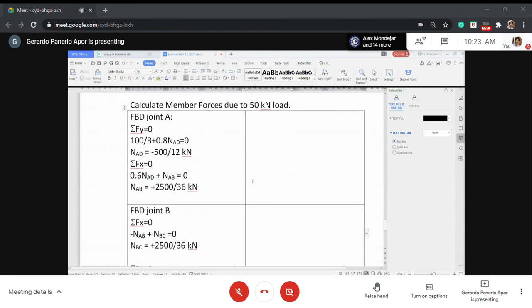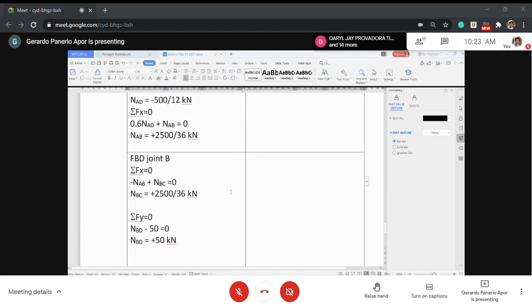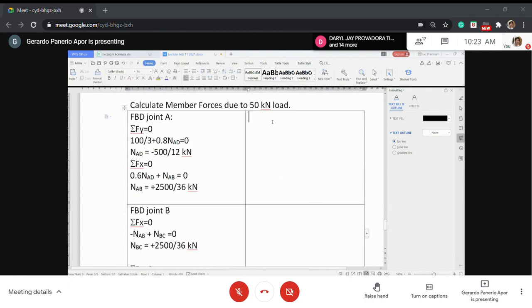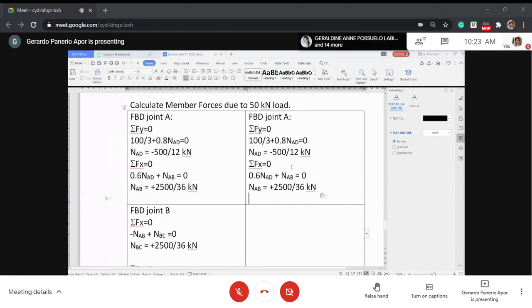Now, if you are going to calculate for the small letter n, I can use here the second column. For example, I will use the joint A here. But here I'm going to use small letter n.